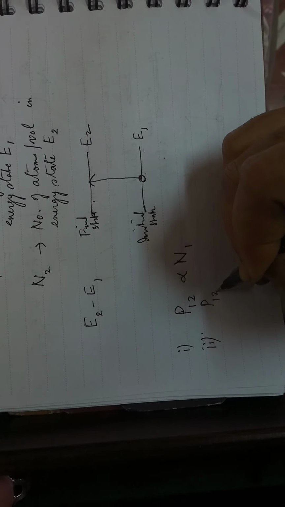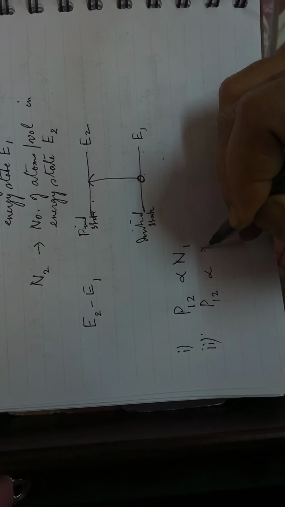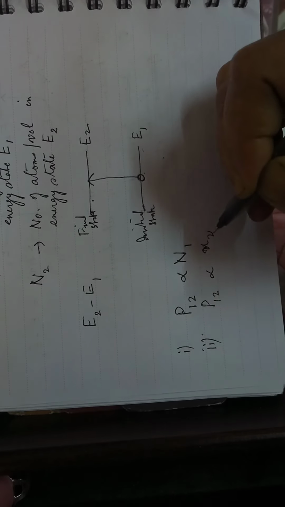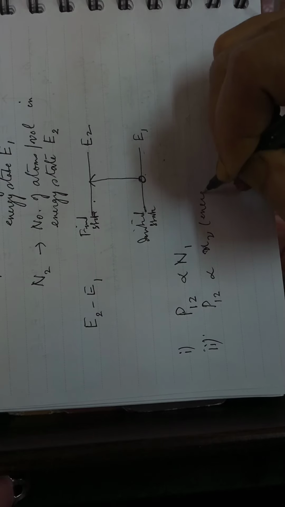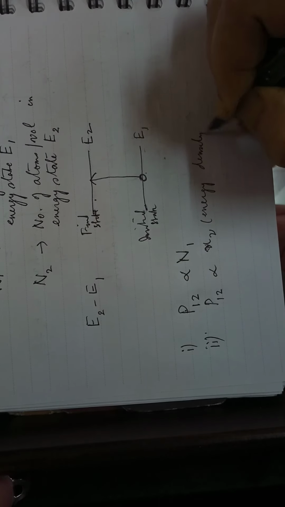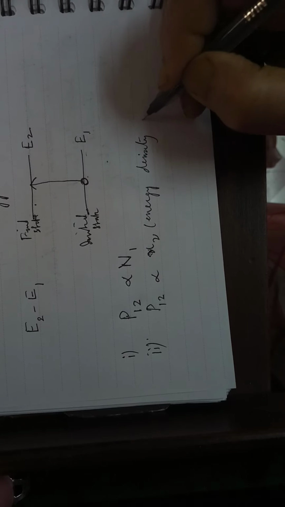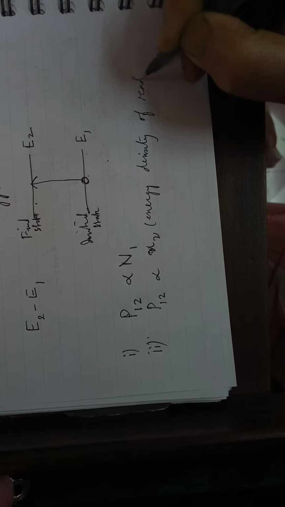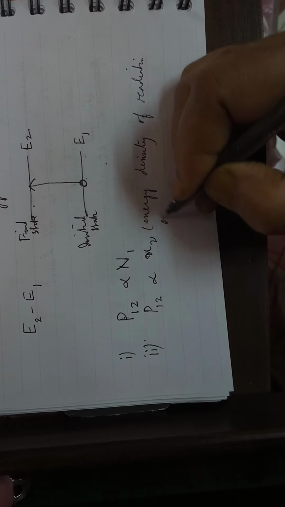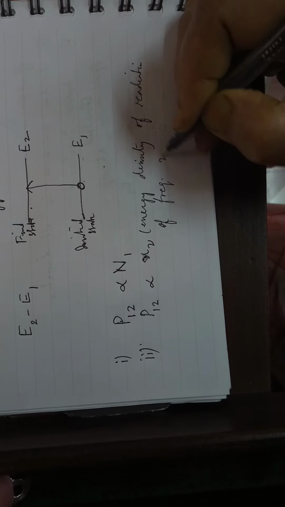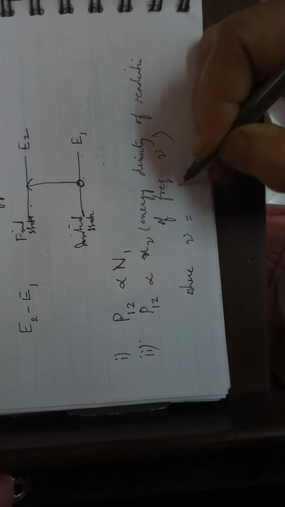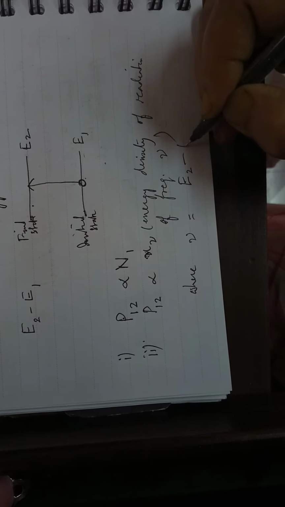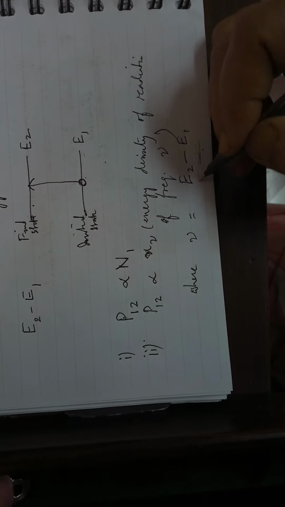P12 will also be proportional to the energy density U nu, the energy density of radiation of frequency nu, where nu is the frequency, the difference between the energies E2 minus E1 divided by h.